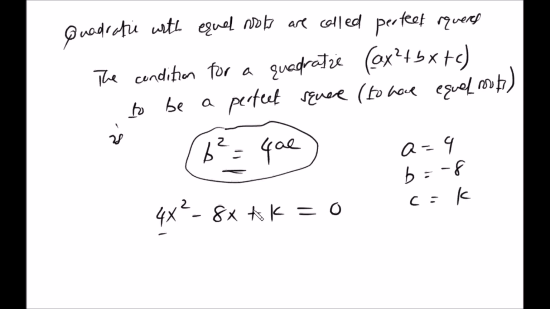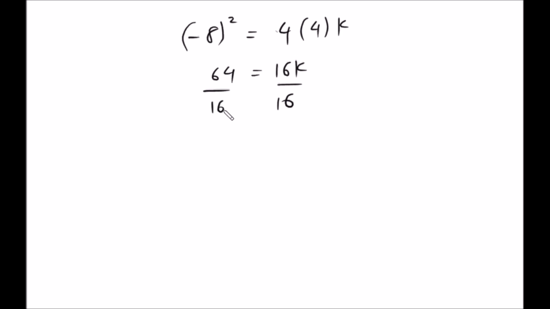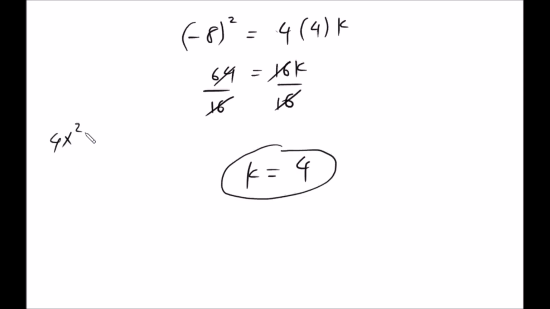So ili huyu jamaa awe na equal roots, b squared inabidi awe sasa na 4 times a times c. So b squared tumeona yani -8 squared awe sasa na 4 times a times c. So hapa tutakuwa na 64 sasa na 16k, gawanya kwa 16, gawanya kwa 16, k ni sasa na 4. So ile equation hii hapa 4x squared minus 8x plus k sasa na 0 awe na equal roots, then k should be equal to 4.